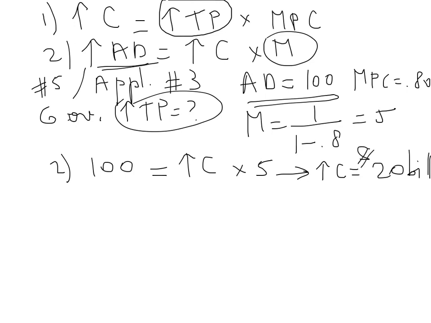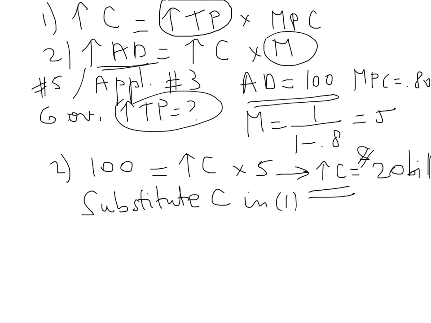So now we have an increase in consumption. What we can do, we can substitute this increase in consumption in formula number 1 and solve for transfer payments. So we go in formula number 1 and we have increase in consumption 20 equals increase in transfer payments, we don't know that, times marginal propensity to consume is 0.80.